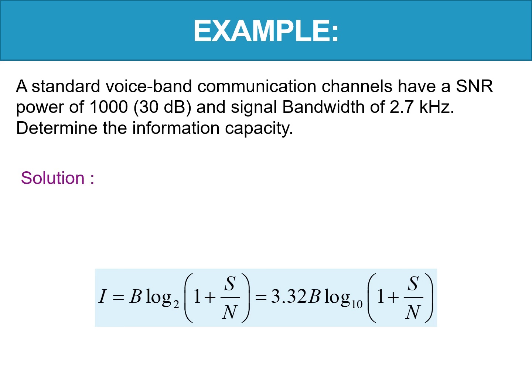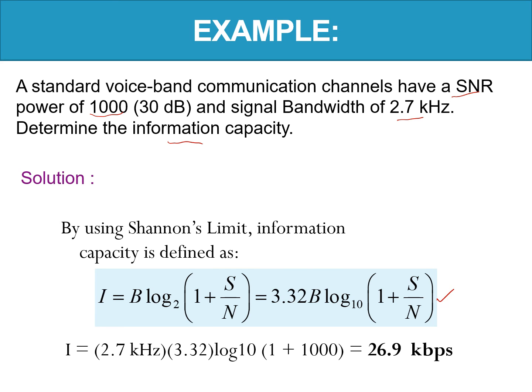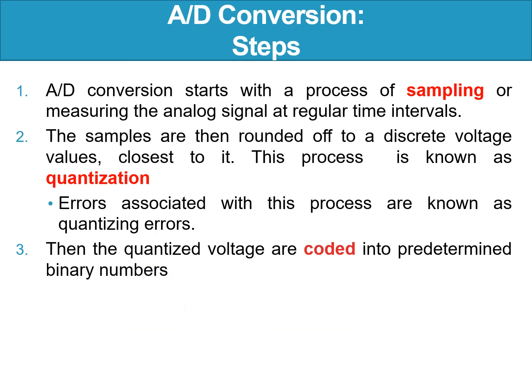For example, a standard voice band communication channel has an SNR value of 1000, or 30 dB in dB, and a signal bandwidth of 2.7 kHz. Now we calculate the information capacity using this equation. Just substitute all the information and we will get the answer for this system, 26.9 kilobits per second.